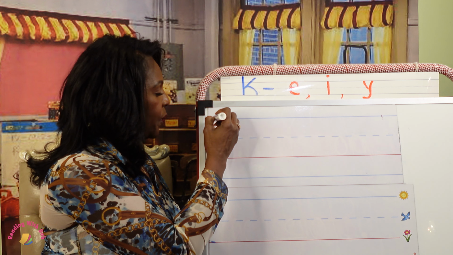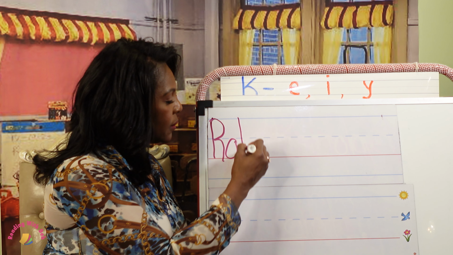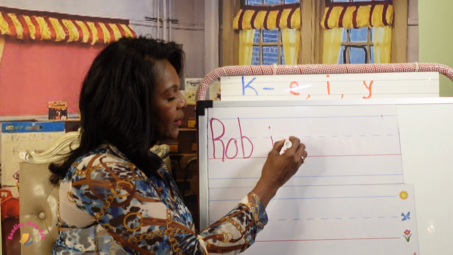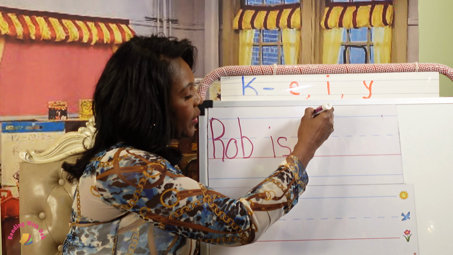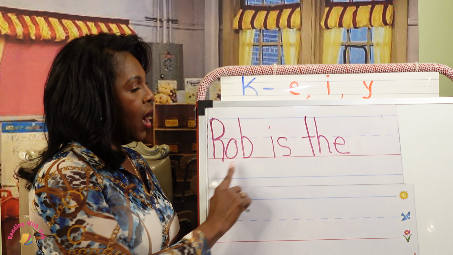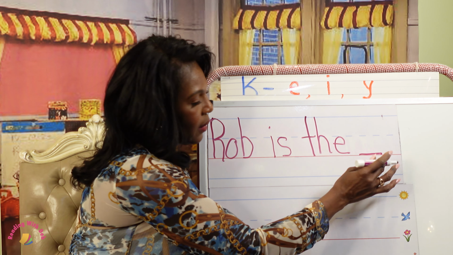All right? Rob, uppercase R is the first word in the sentence. Rob is, I-S is. Rob is the, that's a sight word, T-H-E. Rob is the kin. I need more space.